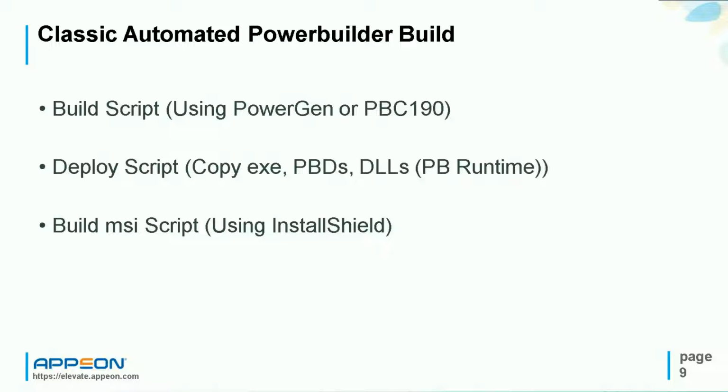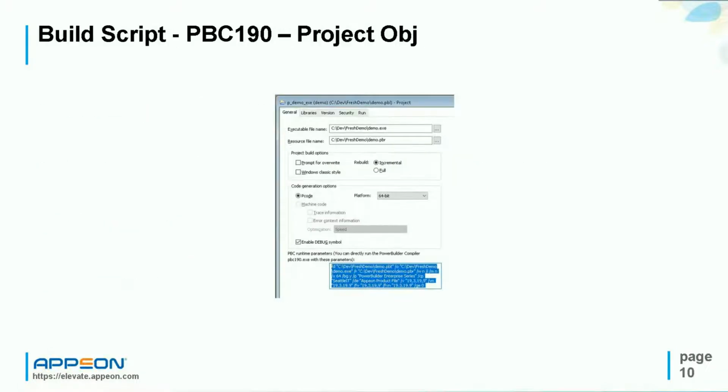Now this probably differs from a lot of people, but at this point you could simply deploy all the objects that you did in the previous step. But the way that we're forced to do things at the city is I need to create an MSI to install this on the couple hundred users using this product. So I have a script that uses InstallShield that does the build, and then I have another script that deploys the MSI. So we're just going to walk through that process.